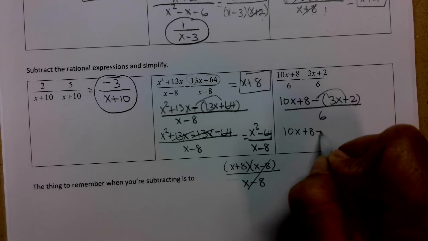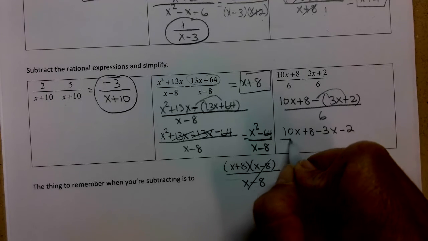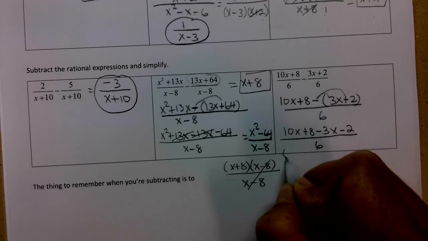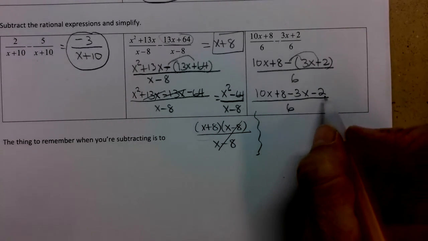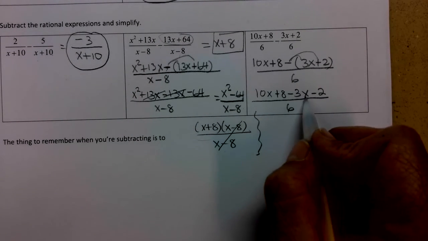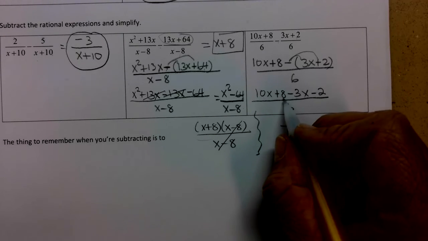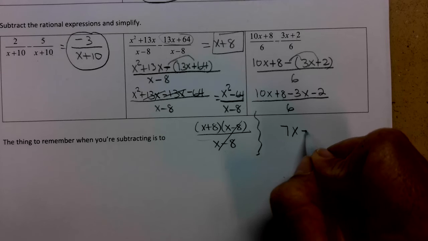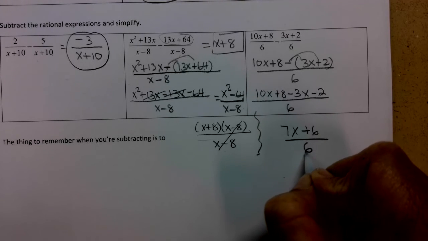So minus 3x minus 2, all over 6. Go ahead and combine your like terms on that numerator. So I have a 10x minus 3x, so that's 7x. And 8 minus 2 is plus 6. And that's all over 6.